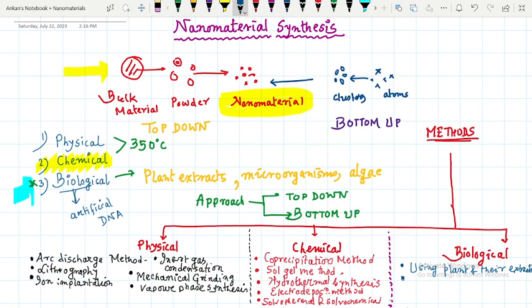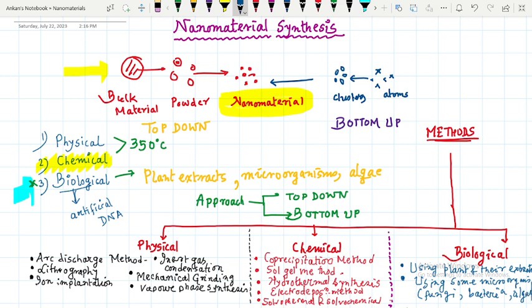Okay, the next thing is using some microorganisms, such as fungi, algae, bacteria, etc., and algae.